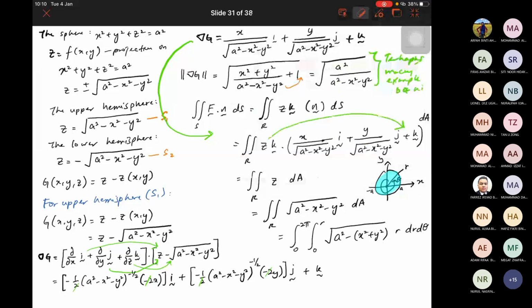Okay, so settle for this one, we get the integral from 0 to 2 pi, 0 to a, square root of a squared minus r squared multiplied by r dr d theta. Okay, so try to settle that integration. We will use substitution. To settle that integration, you are going to make use of integration by substitution.